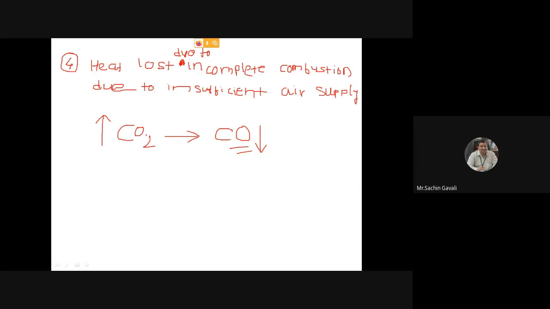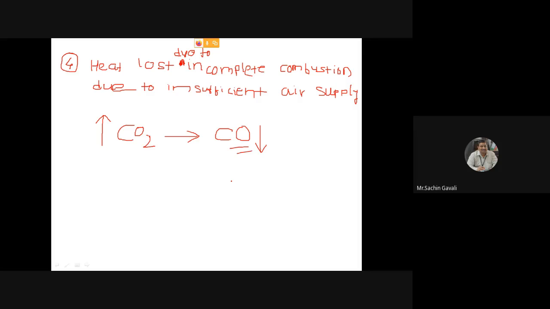But if carbon monoxide is formed, the heat generated during combustion is always less. This difference, that is the combustion heat of CO2 minus the combustion heat of carbon monoxide, acts as a heat loss for us.